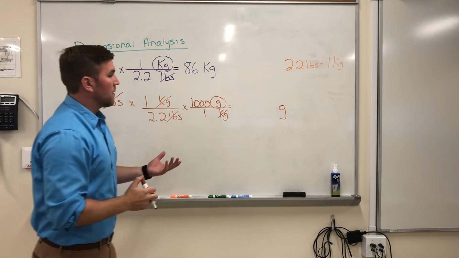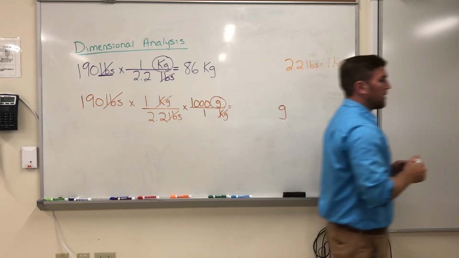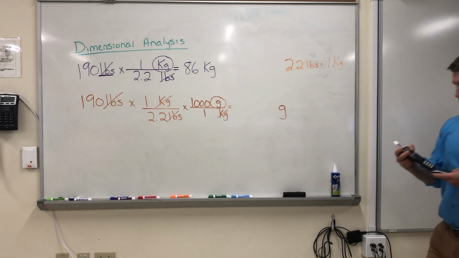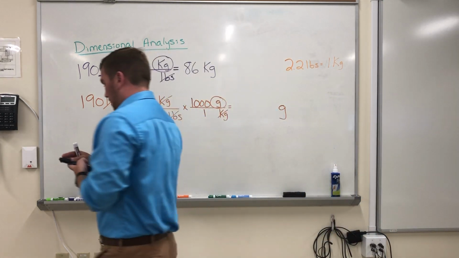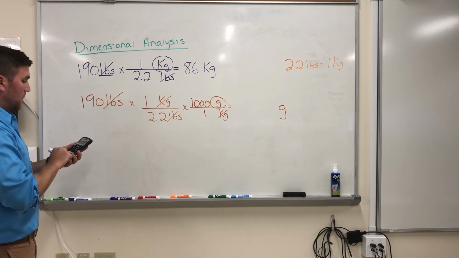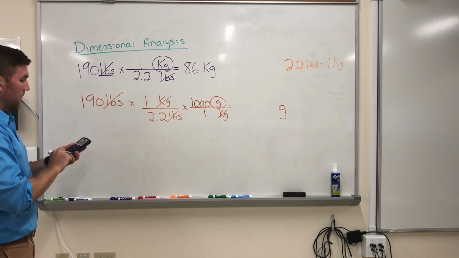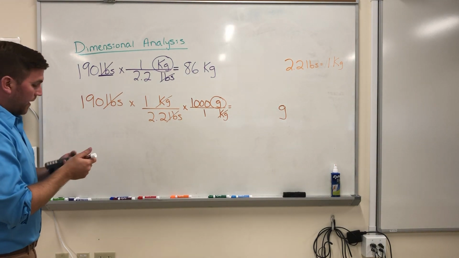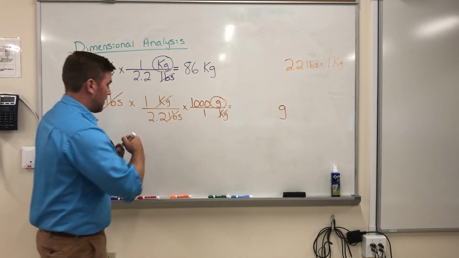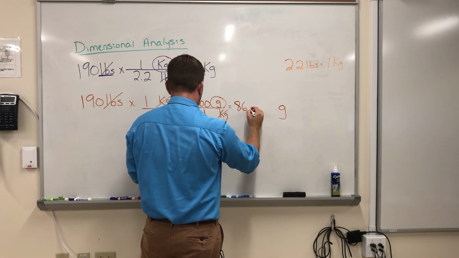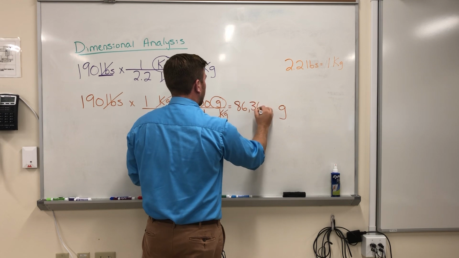So now I can do a little bit of math and I can find how many grams I weigh. So if I grab my calculator and I do 190 pounds times 1 divided by 2.2 times 1,000, I get that I have a mass of 86,363 grams.